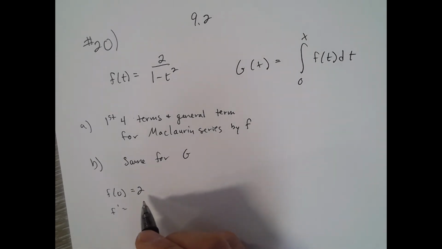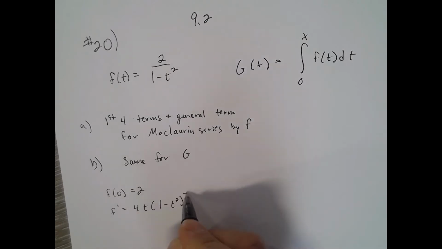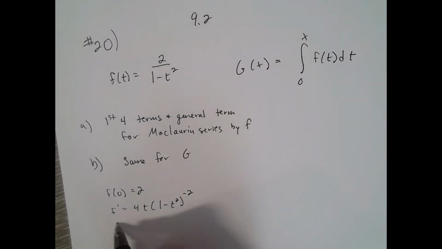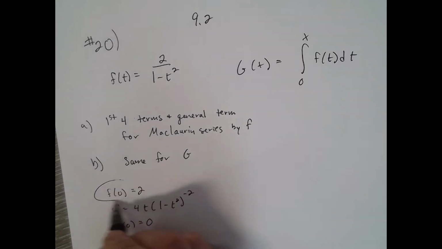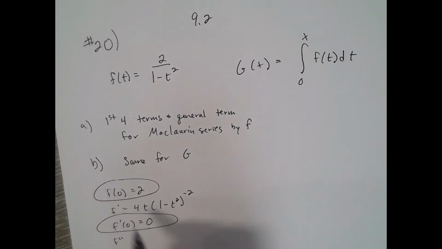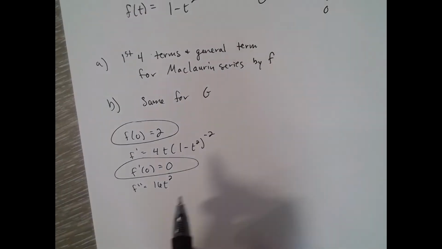You end up getting 4t times 1 minus t squared to the negative 2. And then f prime of 0 is 0, if I plug in 0. And then we do another derivative. So far I have f of 0 is 2, f prime of 0 is 0, f double prime is equal to 16t squared. I'm not showing you how to do it. I'm actually just reading off my notes to save us time.